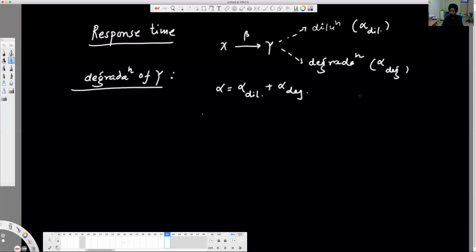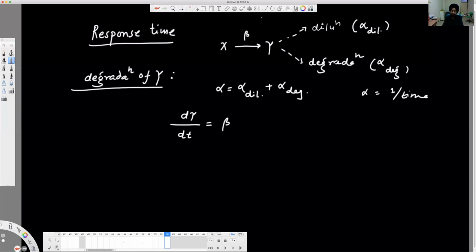Now the unit of alpha is 1 by time, inverse of time. There's no concentration term here. So now if you look at the degradation of Y, dy by dt, the rate of change of Y, this is going to be production.